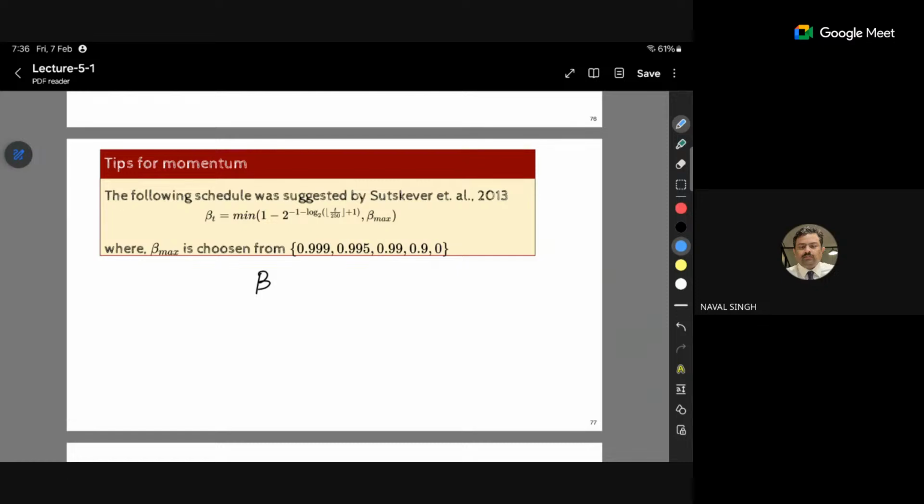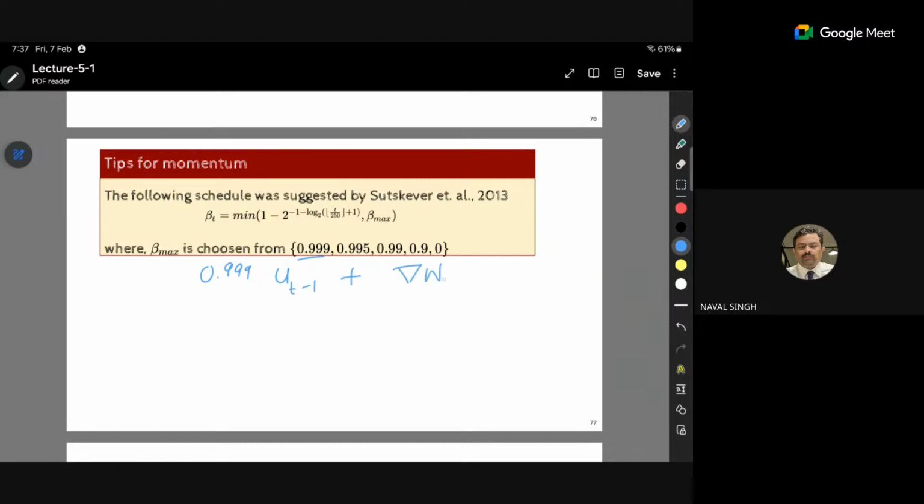How does this help? What happens is, you can start with, let's say, 0.999 for beta, and this beta will get multiplied with the previous gradients, let's say u t minus 1, and then I'll take the gradient or something like that.